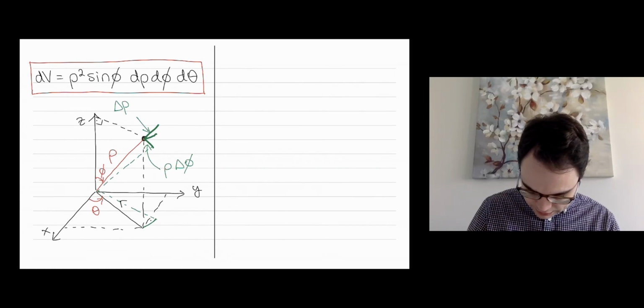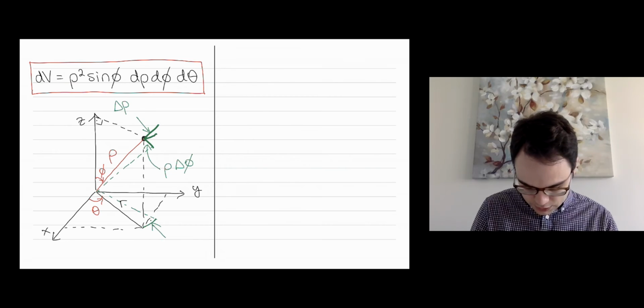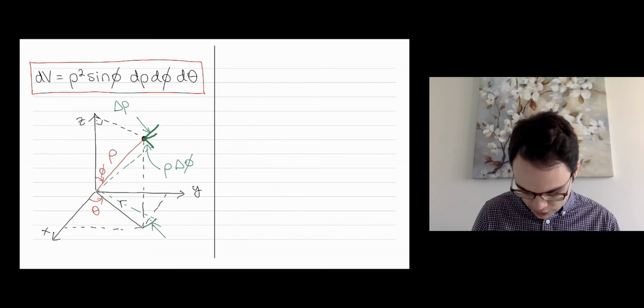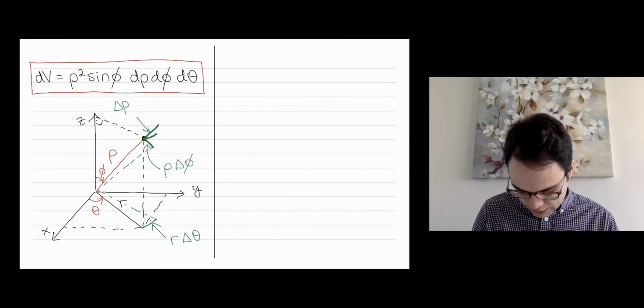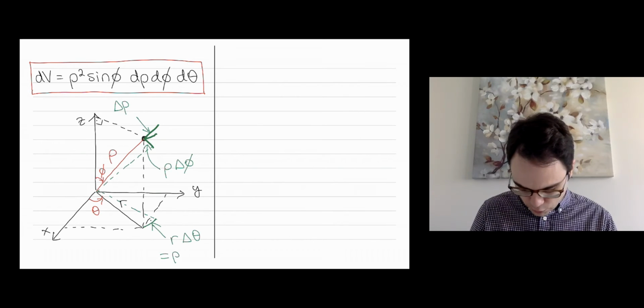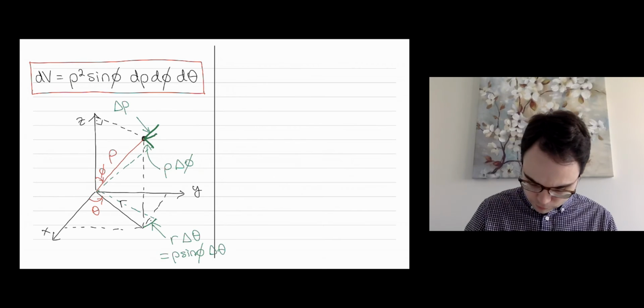And this length is r. So if you move an angle of delta theta in a circle of radius r, the arc has length r times delta theta. And r in spherical coordinates is rho sine phi, multiplied by delta theta.